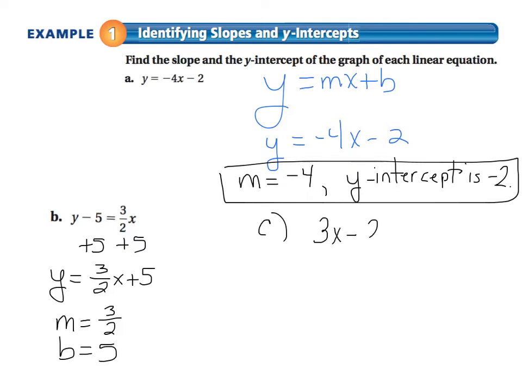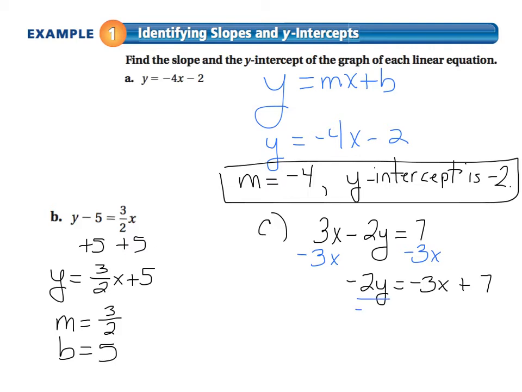So let's do another example. 3x minus 2y equals 7. This equation is not in slope-intercept form, so we have to put it in slope-intercept form. Step 1, we use the subtraction property of equality to subtract 3x on both sides. You are then left with negative 2y equals negative 3x plus 7.